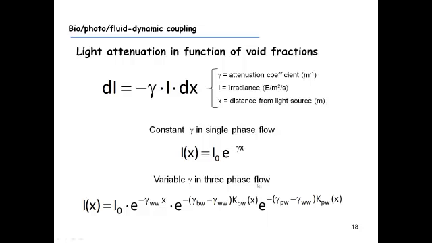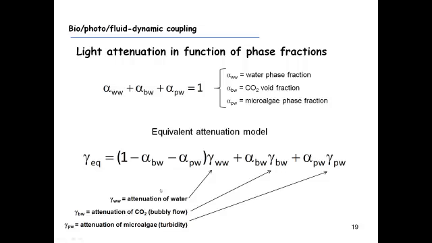But if we are working in three-phase flows, such as the case in our photobioreactor, we have a variable gamma, and if we integrate a model of how gamma would vary as a function of the void fractions, for instance, we arrive at this formula here, which will be used further, and the parameters inside this formula are given here.